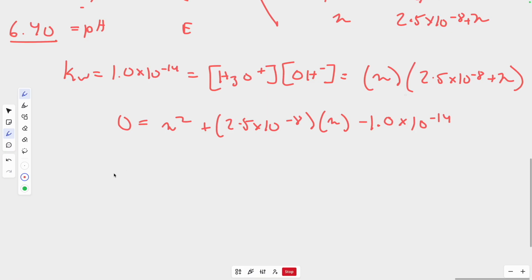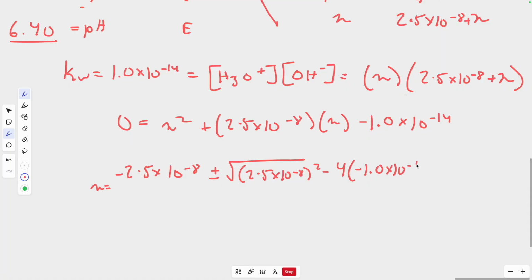So minus b is going to be minus 2.5, this is x equals 2.5 times 10 to the power of negative 8 plus or minus the square root of b squared minus 4ac, all over 2a.